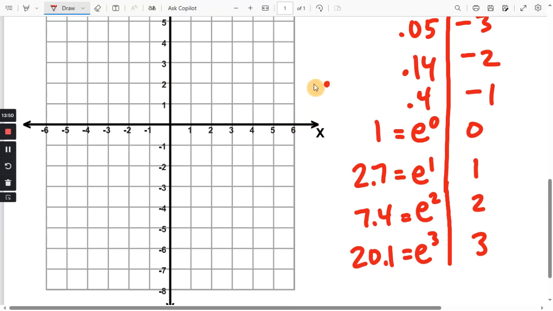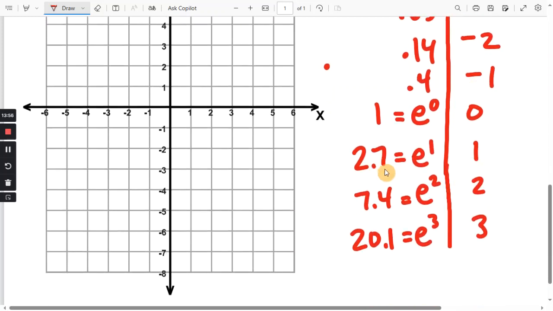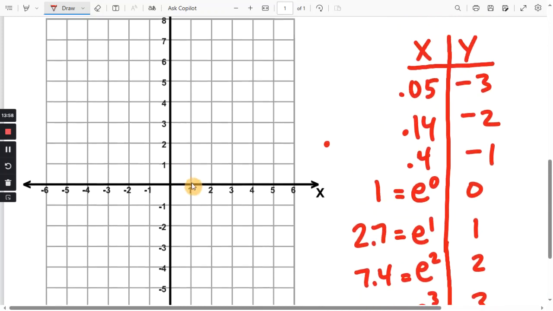This would be about 7.5. At y equals 1, it's 2.7. Y equals 1, x is 2.7. At y equals 0, x equals 1. Y equals 0, x equals 1.